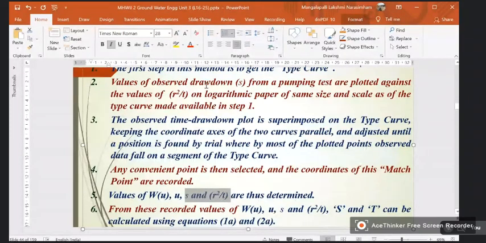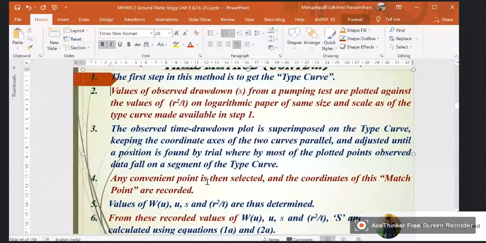So the graph referred in point number 2 gives you the values of s and r square by t, and the type curve referred in point number 1 gives us the values of u and W(u).